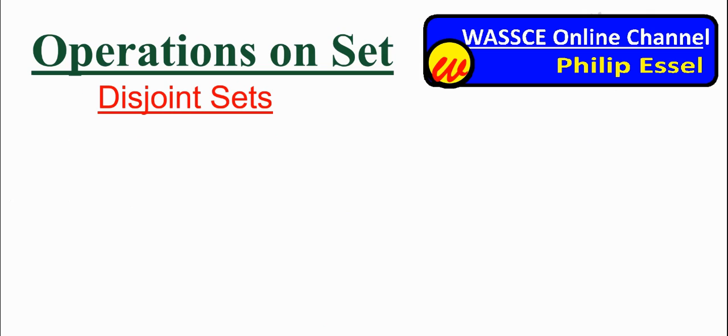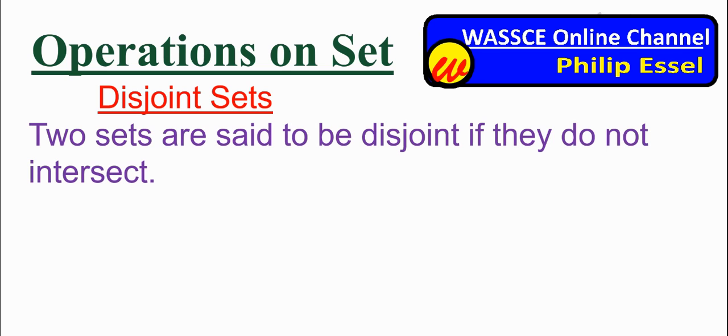So let's look at a disjoint set. Let's remember that two sets are said to be disjoint if they do not intersect. Let's explain this with an example.